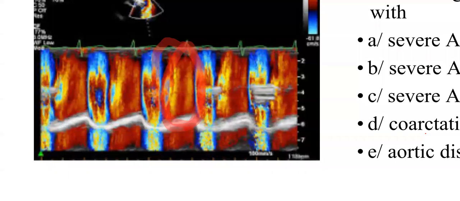Now I have the initial flow, which is systolic flow. It's also abnormal, right? It's so turbulent, supposed to be laminar, not like this. So why is it turbulent? Coarctation. Functional aortic stenosis.